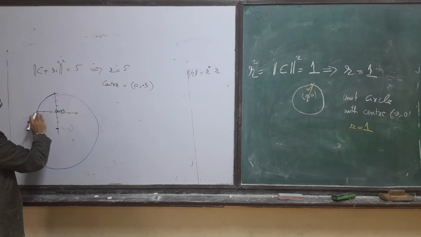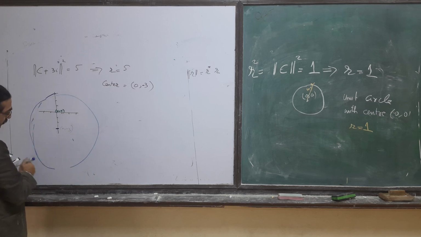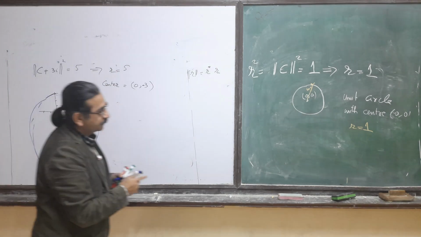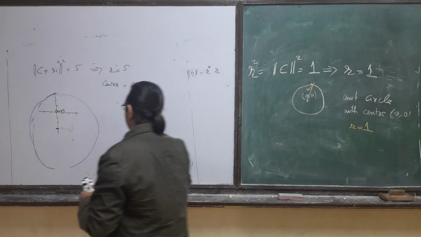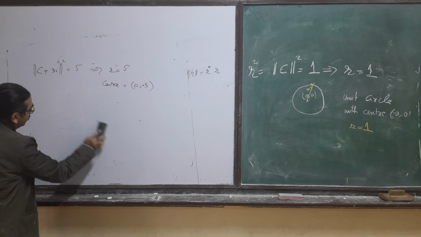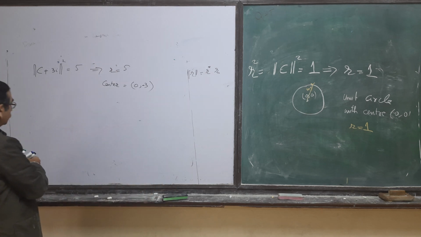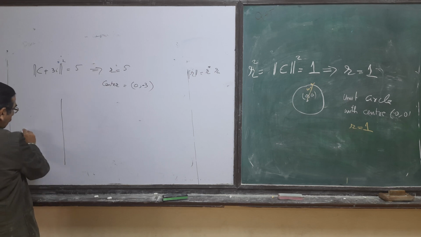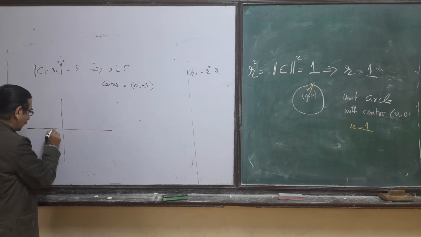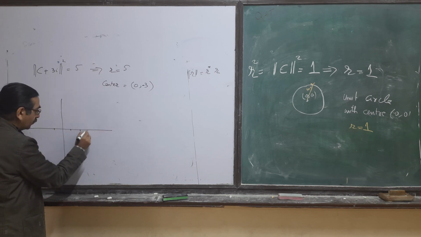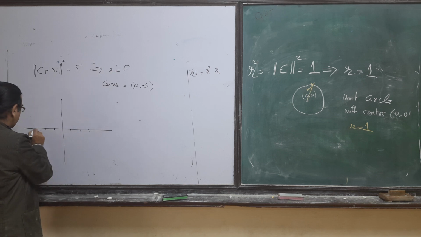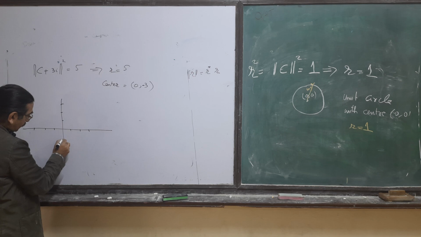Okay. Maybe the circle is not good, sorry, I should draw again. 1, 2, 3.